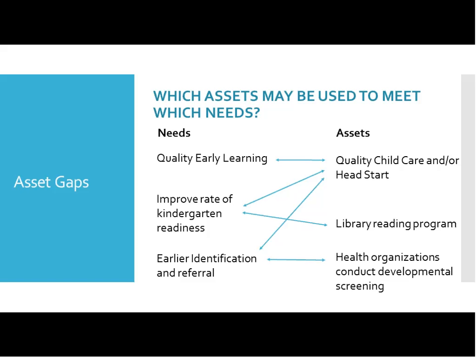So you see here three different relationships: the one-on-one relationship, the potential overburdened asset at the quality child care and or Head Start level, and then an opportunity for collaboration between the library reading program and the quality child care to meet the need of improving the rate of kindergarten readiness.